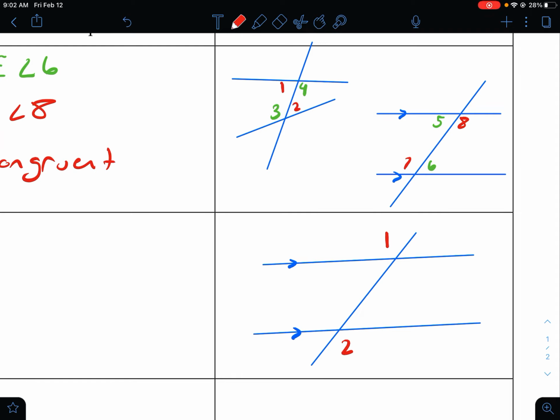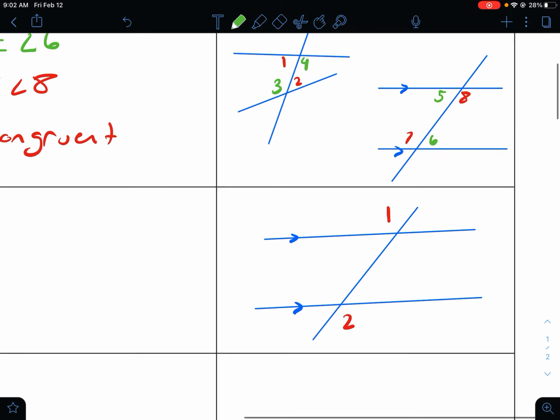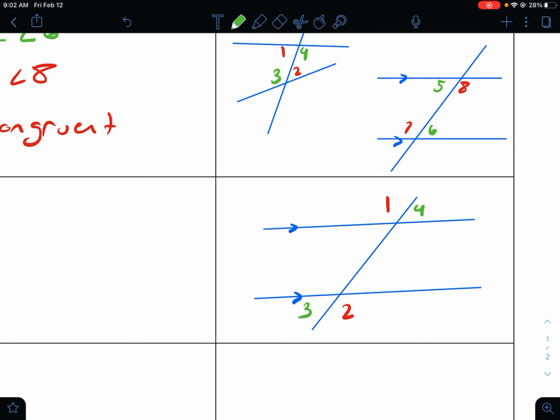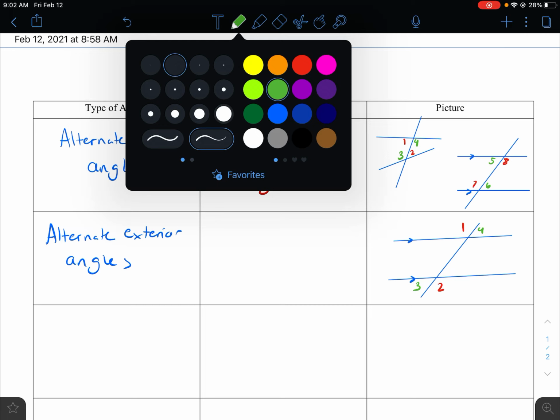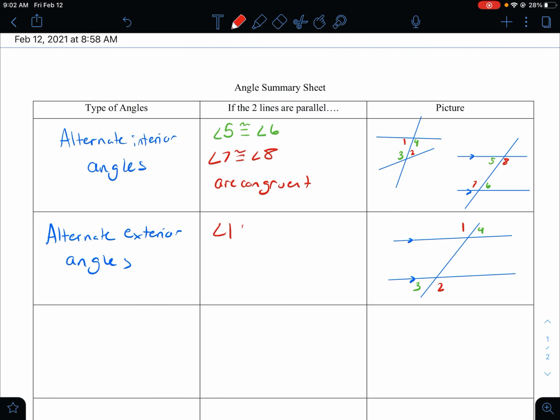All right, so we've got 1 and 2, and we've got angles 3 and 4. So one thing you should know about alternate exterior angles, when the two lines are parallel, they are congruent. So we could say angle 1 is congruent to angle 2, and angle 3 is congruent to angle 4.